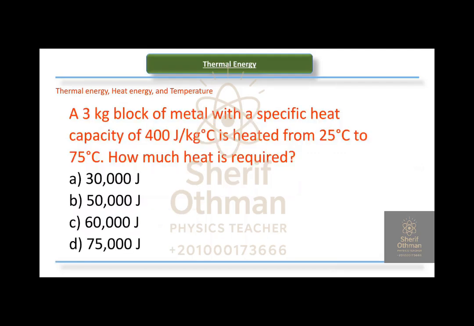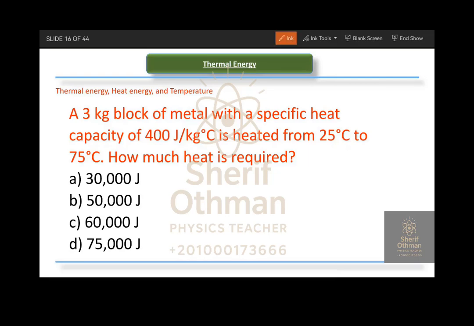A block of 3 kilograms, so he provided the mass, of a metal with a specific heat of, here is C, is heated from 25 up to 75. So the object absorbed an amount of heat and its temperature rose.